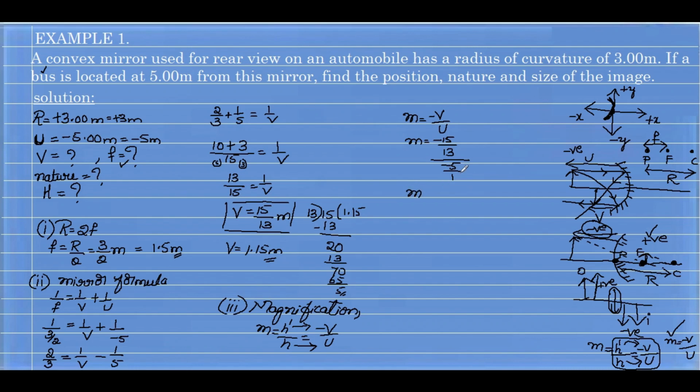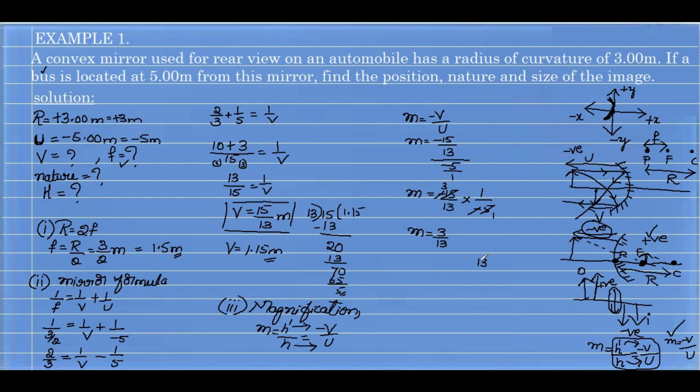In the next step, I will be taking this denominator to the numerator part. So minus 15 by 13, and this minus 5 by 1 will become 1 by minus 5. Here minus minus cancel each other. 5 ones are 5, 5 3s are 15. So magnification is 3 by 13.